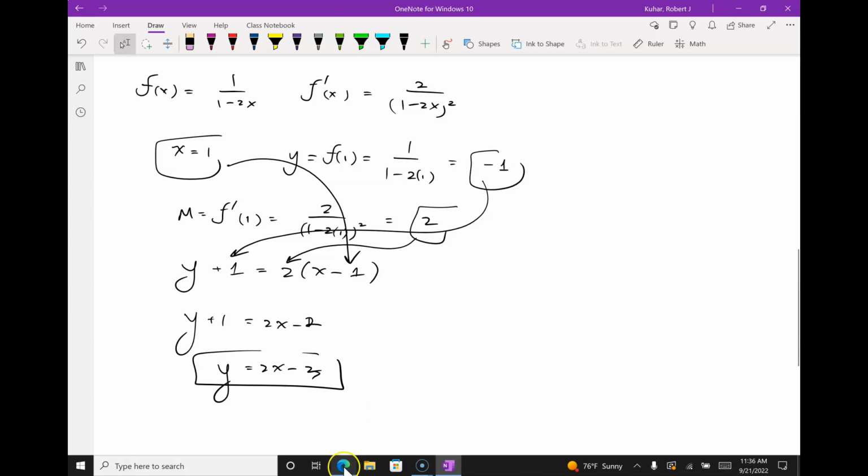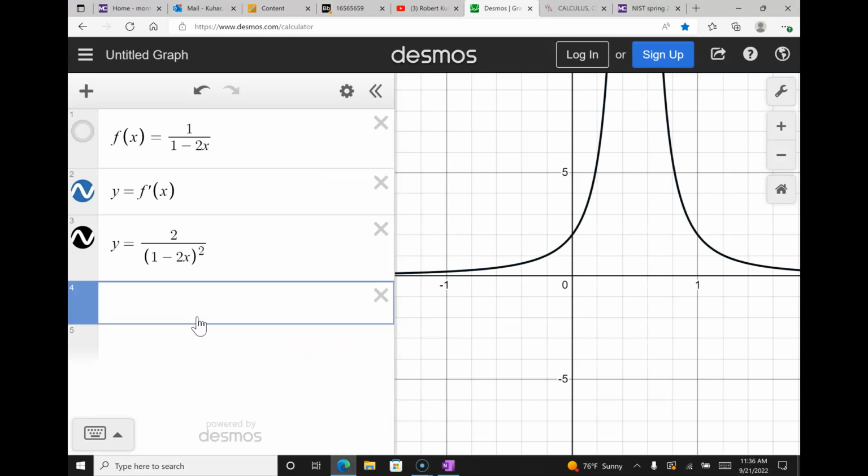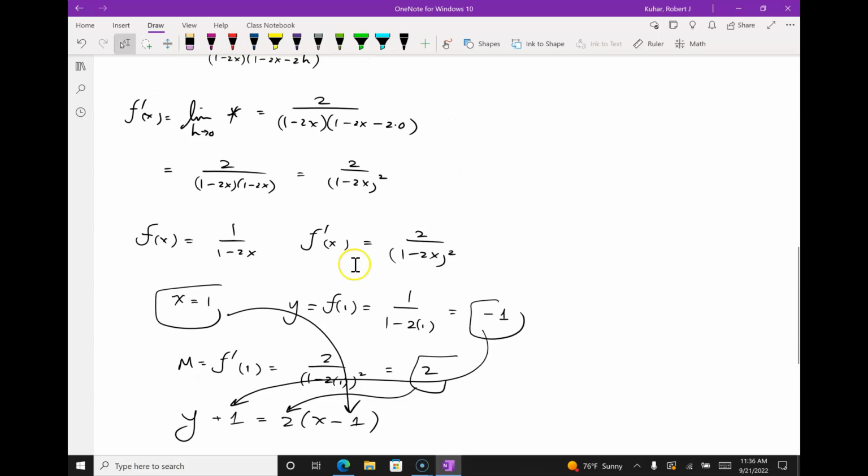All right, so I want to plot my point. What was it, 1, negative 1? No, what was it? Help me. It was 1, 2, right? Where's my y value?